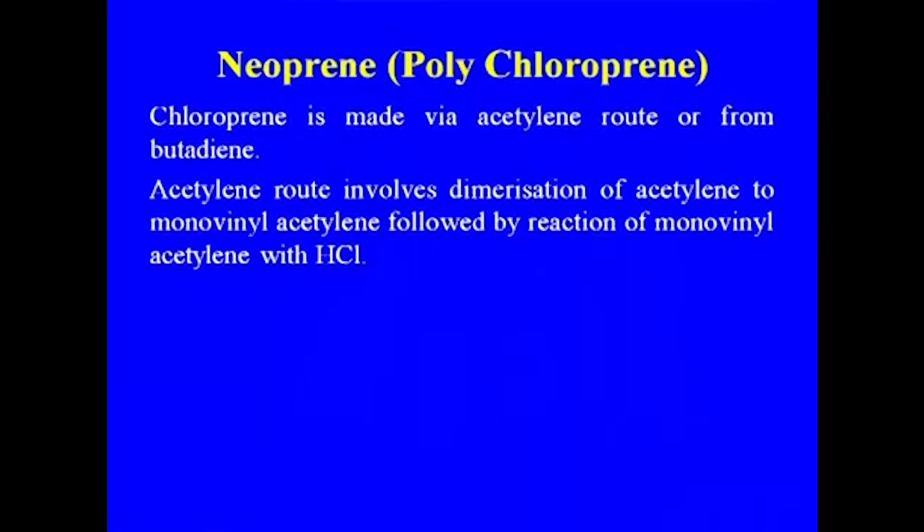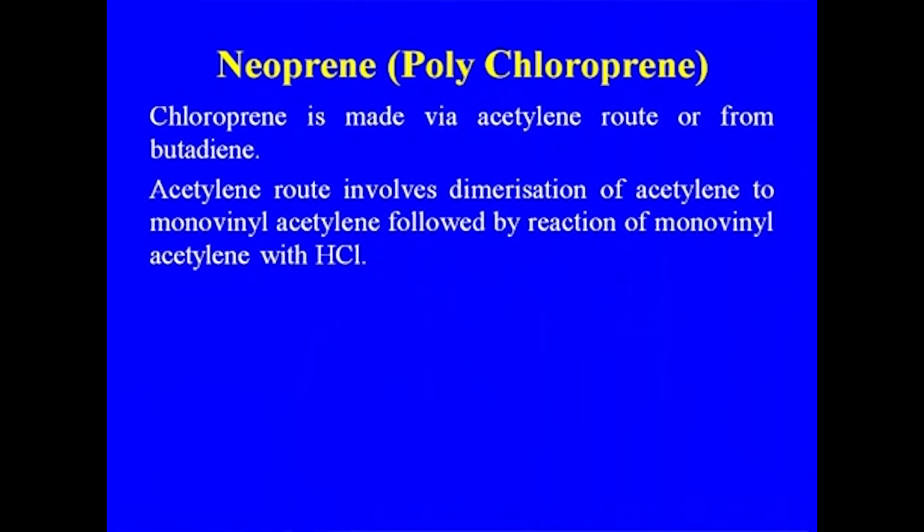Chloroprene, again here also the same acetylene route is available. So, that can be made from the acetylene or the butadiene route, because earlier when the butadiene was not from the petrochemical, acetylene was the route for making of the chloroprene. So, the acetylene route involves dimerization of the acetylene to monovinyl acetylene followed by reaction of monovinyl acetylene with HCl.